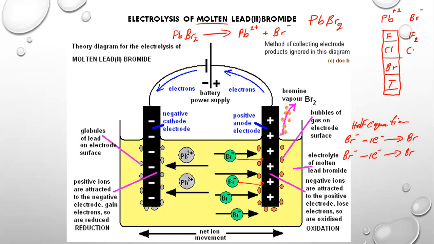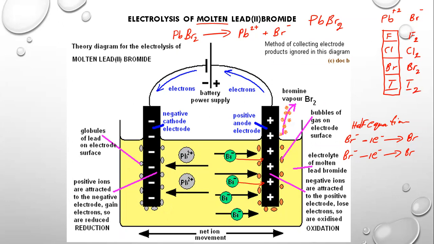Any substance that is stable in a particular form will always strive to reach that form. So bromine is no exception here.